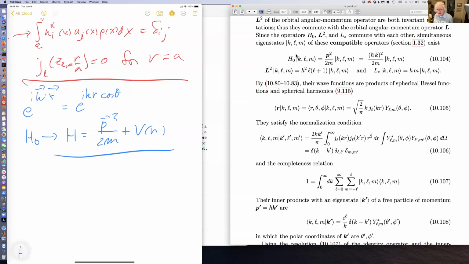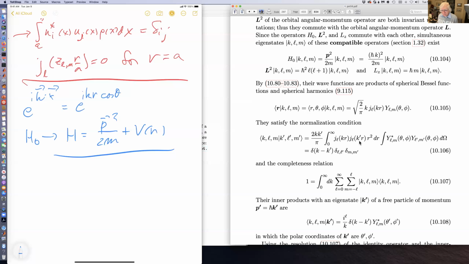So that's why I specialized to H0. And in this case, the inner product of the position bra with the ket klm is j_l of kr, Y_lm of theta phi. They satisfy this normalization condition.